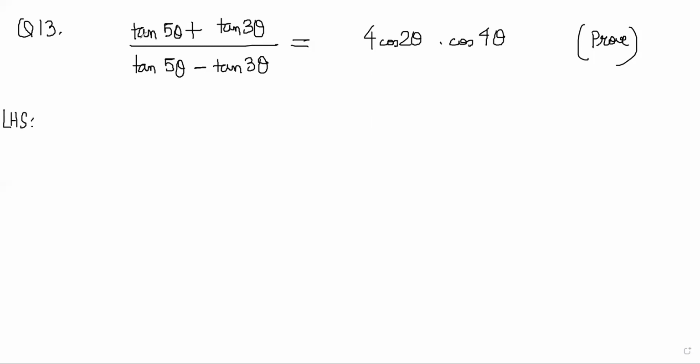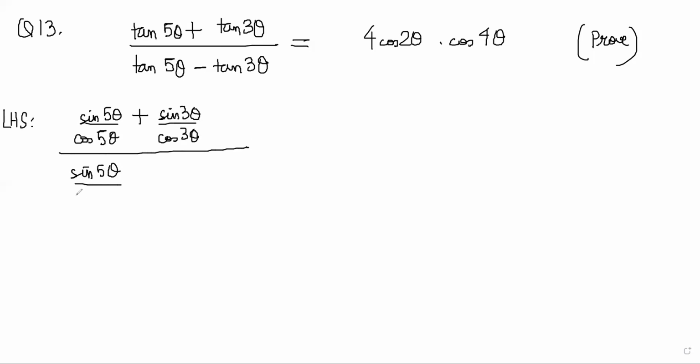So tan 5 theta is what? Sine by cos, right? Sine 5 theta by cos 5 theta plus sine 3 theta by cos 3 theta, right? Divided by sine 5 theta by cos 5 theta minus sine 3 theta by cos 3 theta, right? Correct.